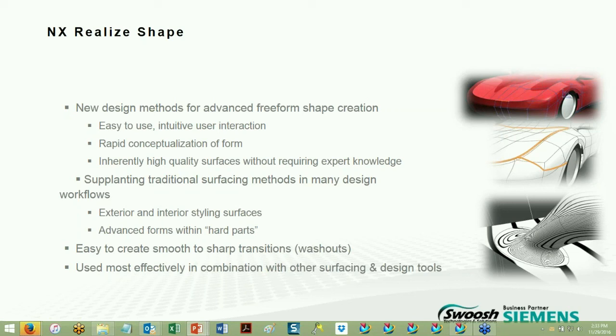It allows you to create, as you can see in the list there, smooth, sharp transitions, sometimes referred to as washouts. And in this kind of technology, the surfacing methods are extremely innovative, and they get away from the traditional methods. And the bottom line here is that the continuity of the shapes will be high quality B surfaces. And many of the downstream applications and other software products recognize that directly without any need of translation.